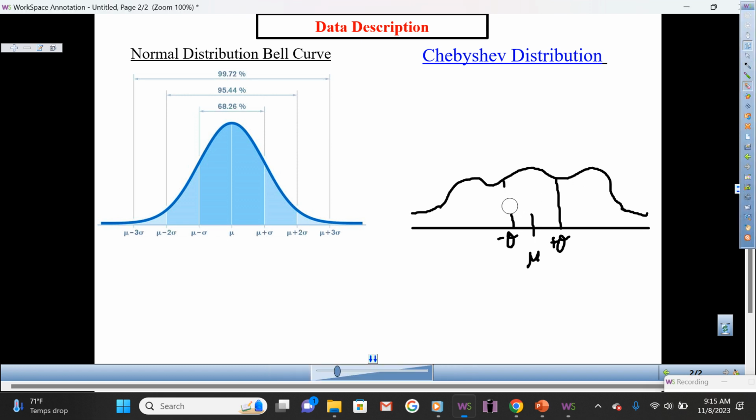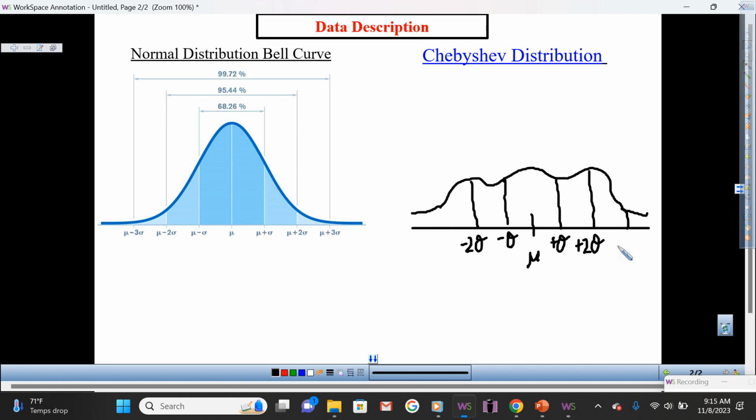It's kind of crooked. Let me fix this. Then we have two standard deviations. And then 3 standard deviations.